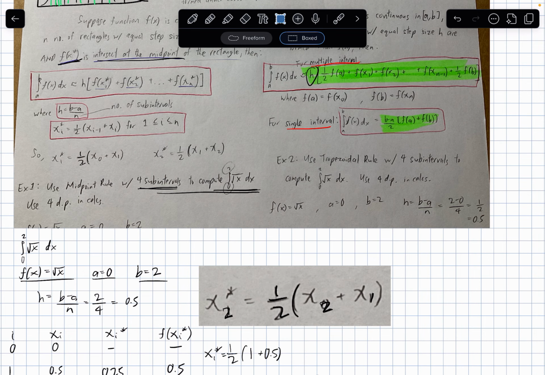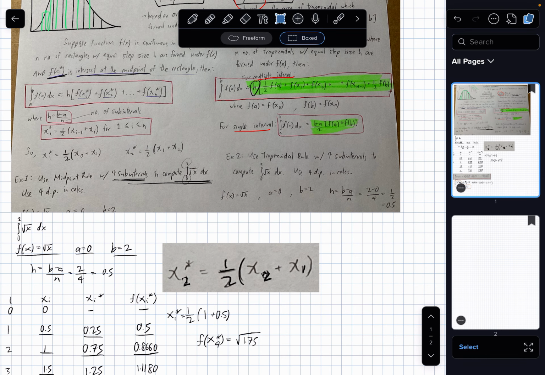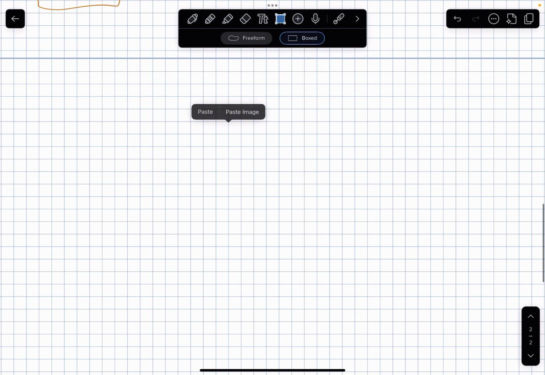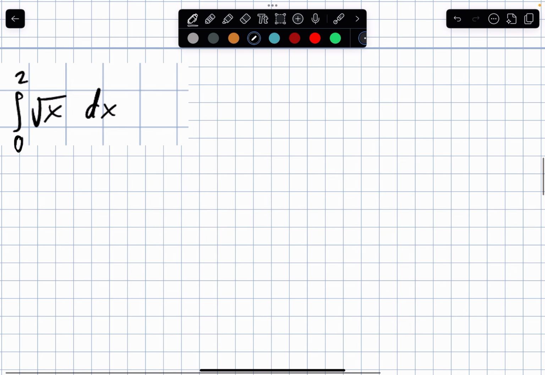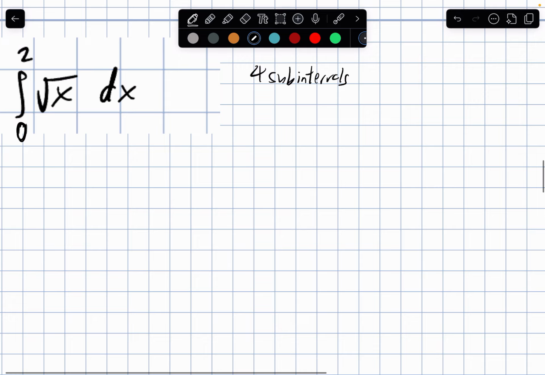Let us now answer. So, same problem. 4 subintervals. Okay, so use trapezoidal rule. For a standard, for this video, we are going to round off to 4 decimal places now.